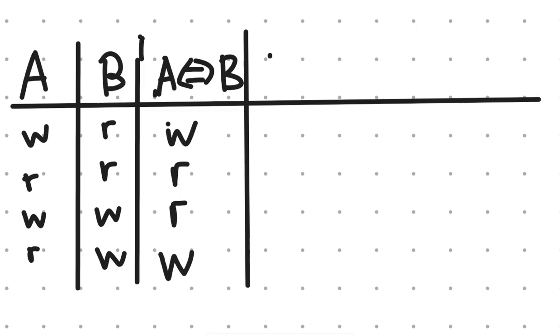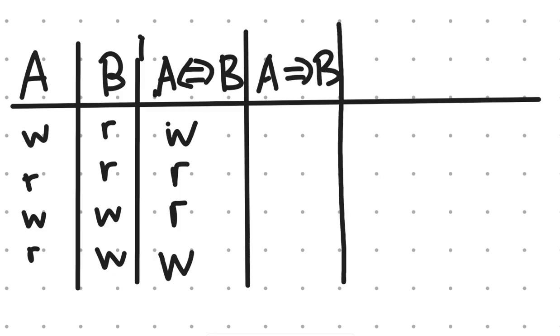Now we're going to see what happens if I want to show A implies B. A implies B means if A is some right or wrong, going to something right or wrong, if it's going to right, then it's always right. But if it's wrong, then it's wrong. Only if A is wrong and B is wrong, then wrong implies wrong, so it's right.